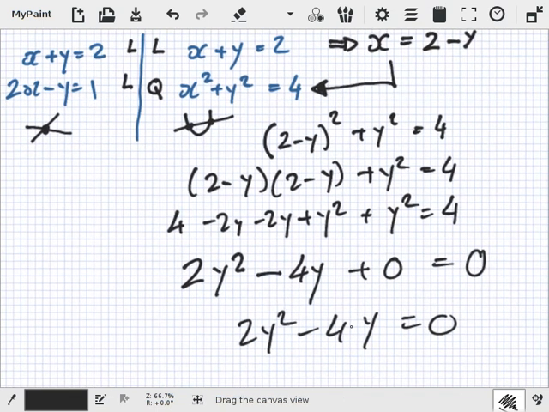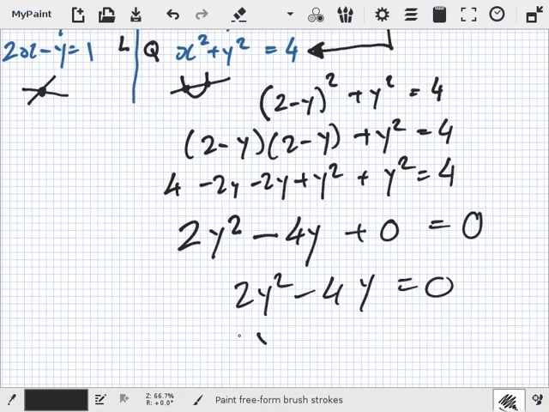Take out the 2y. So I'm left with 1 and the y minus 2. Is that okay, Anthony? Are you sure? I'm taking out the 2y.